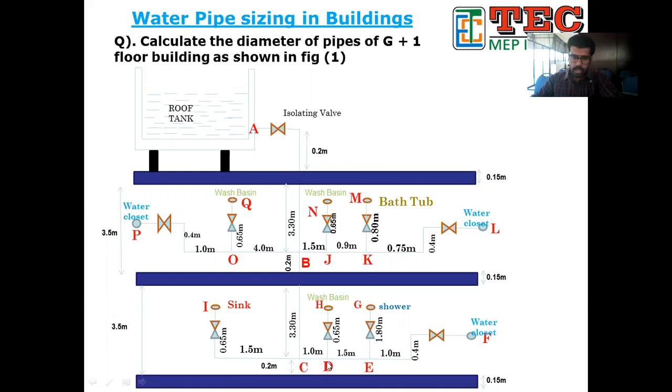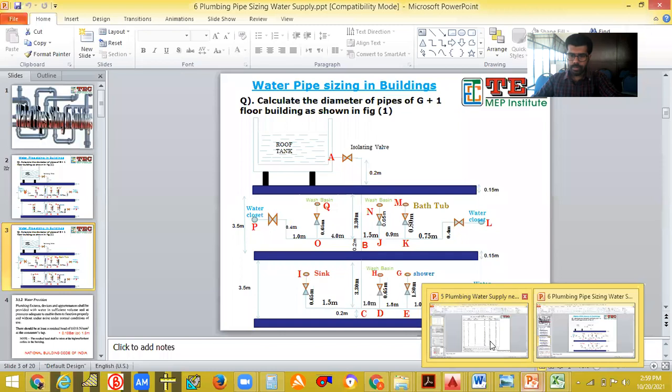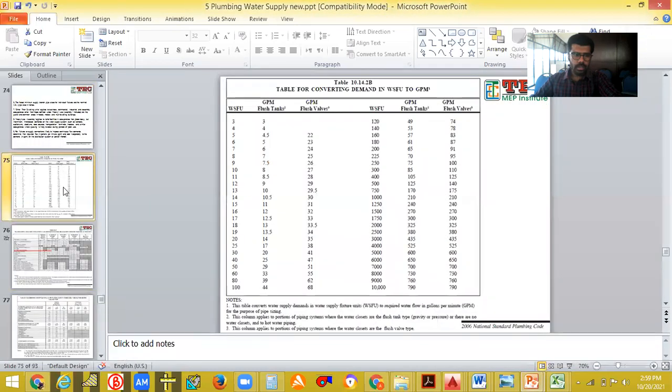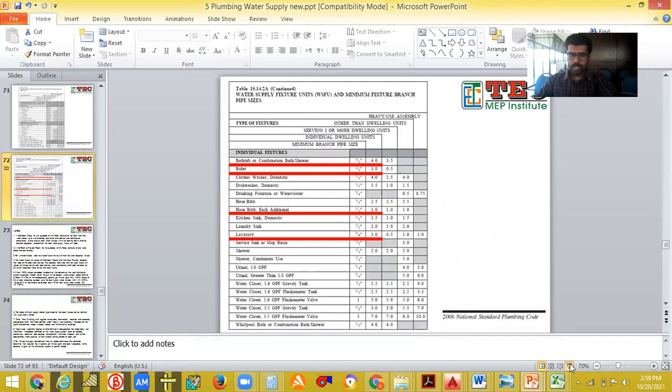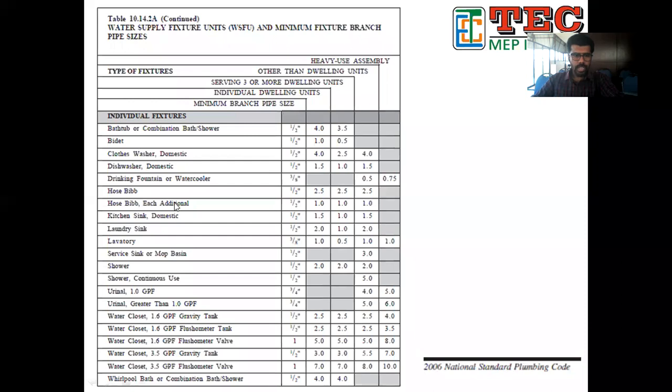Now DH, what is the pipe size of DH? It is a wash basin, going directly to the wash basin. So what's the pipe size of the wash basin? You can directly get it from the table. A wash basin is also called a lavatory, and the pipe size is 3 by 8 inch.